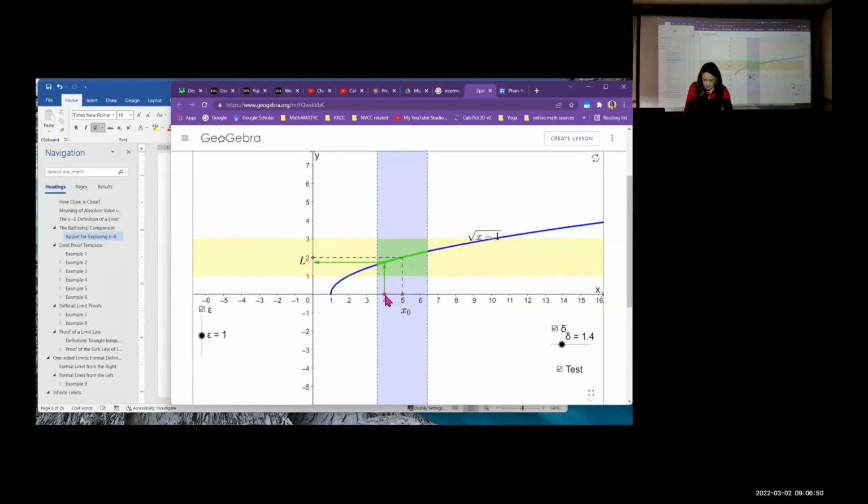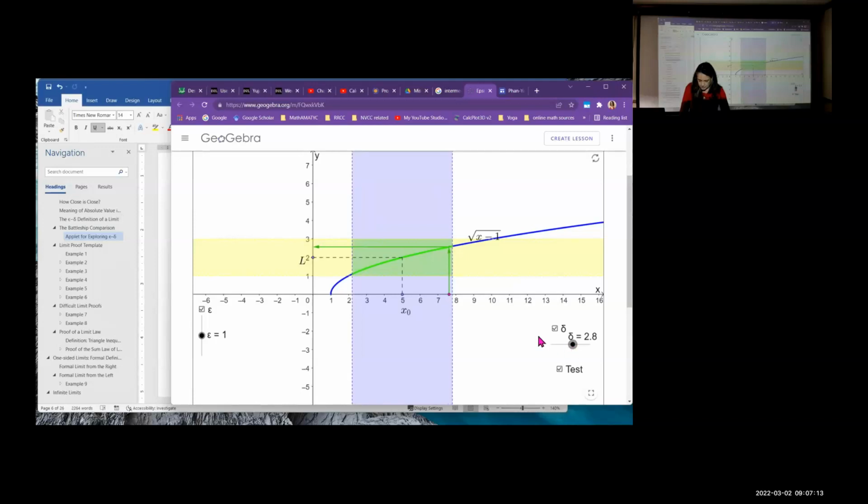If I'm testing the point, do you see how I'm testing to see whether or not it's in that range? Right? Now, if I were to take it outside of there, see that I can still fit this within the yellow range, which tells me that delta can be wider than it currently is.